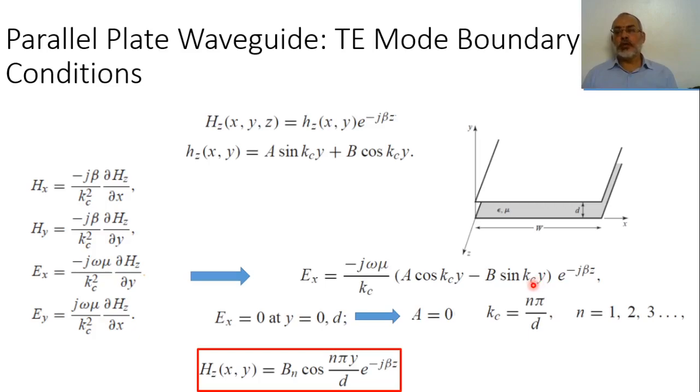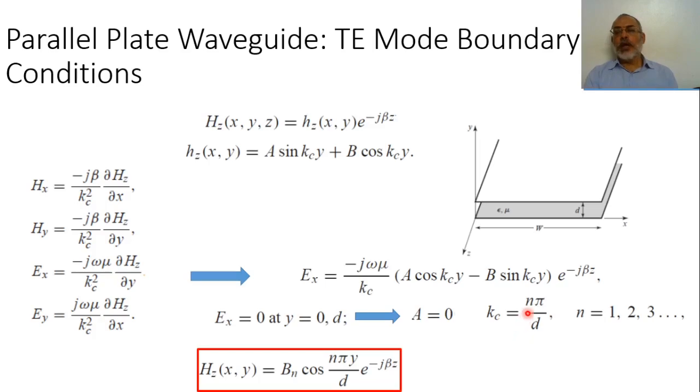This is the accepted solution. So sine kc d equals 0. It means that kc would be n pi over d, similar to the case of the transverse magnetic modes in a parallel plate waveguide.